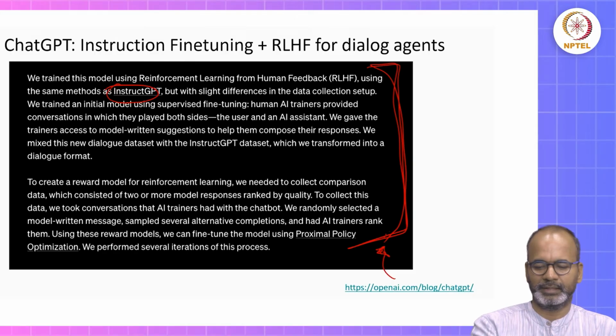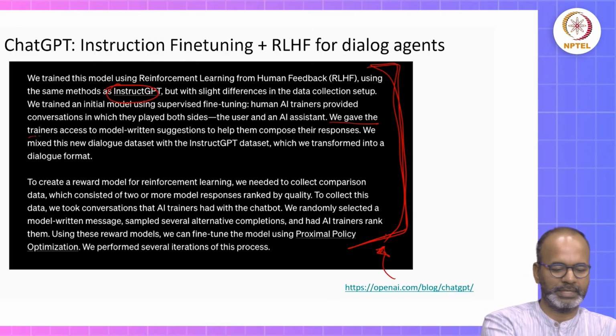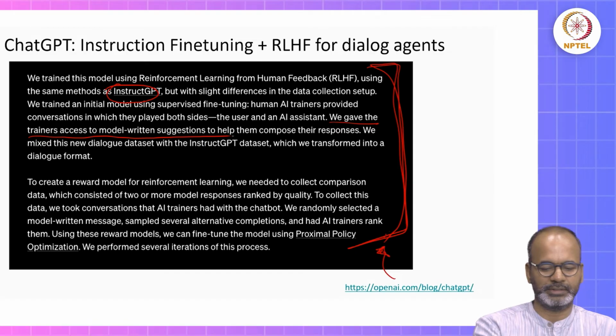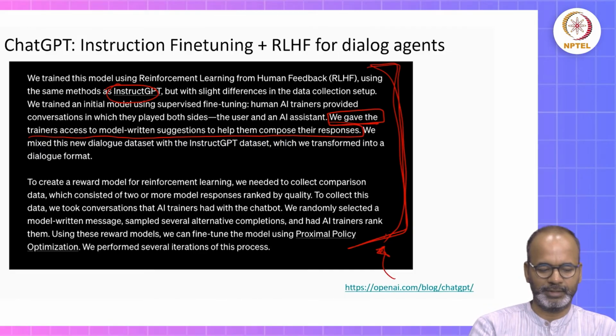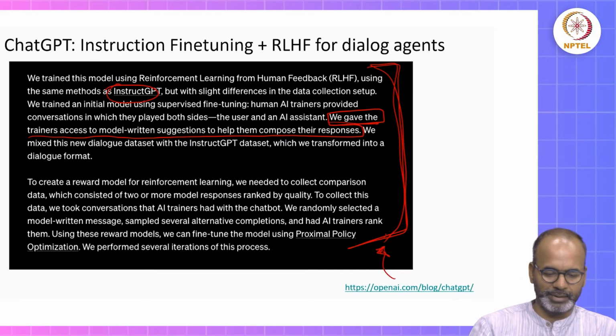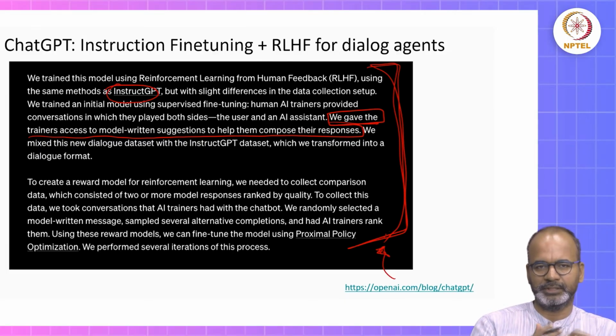So the key is we gave the trainer access to model written suggestions to help them compose the responses. So this is what a labeler is in the RLHF image that we saw before. We mixed this new dialogue data set with the InstructGPT data set, which we transformed into a dialogue format. That's where InstructGPT becomes ChatGPT.